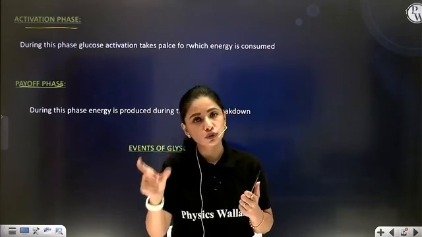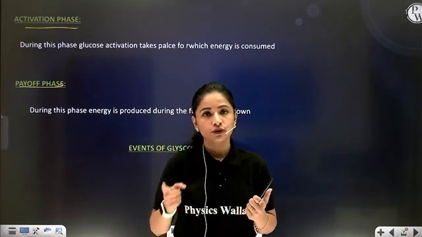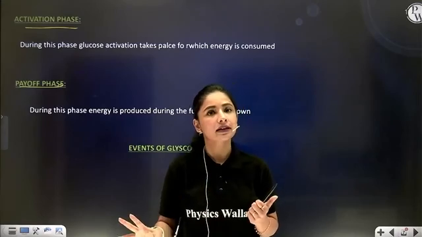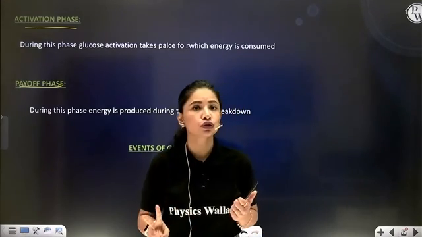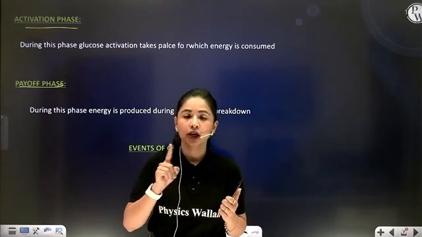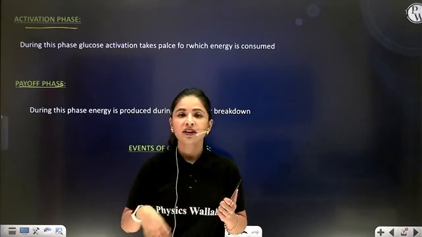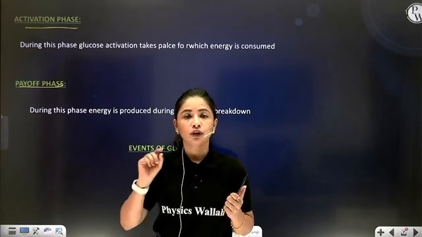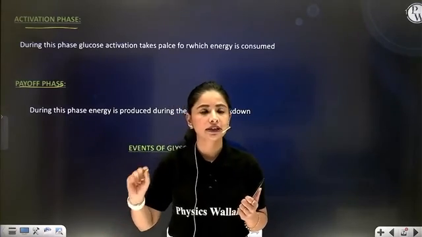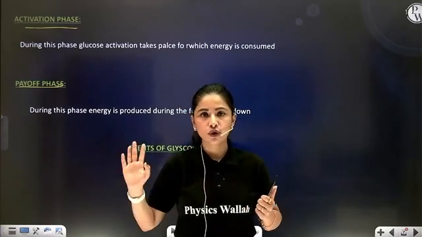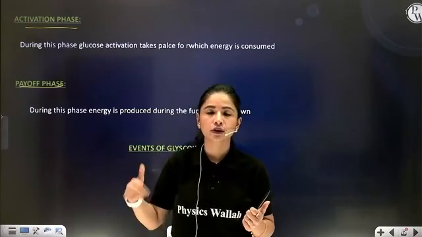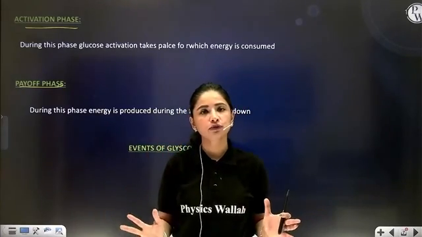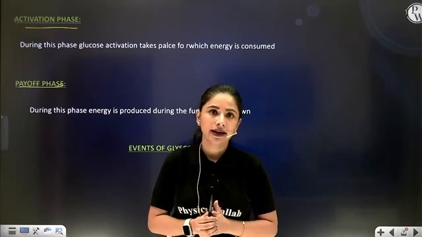Sucrose is a disaccharide made up of 2 monosaccharides, glucose and fructose. Be it glucose or fructose, both are ready to undergo glycolysis very fast. There is no issue that only glucose or only fructose will enter. Both are absolutely ready to enter glycolysis.